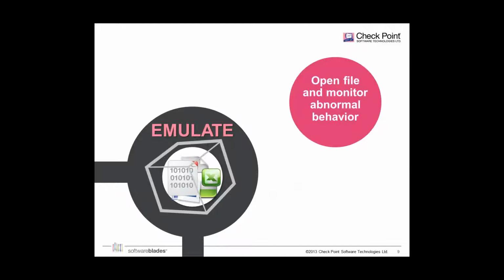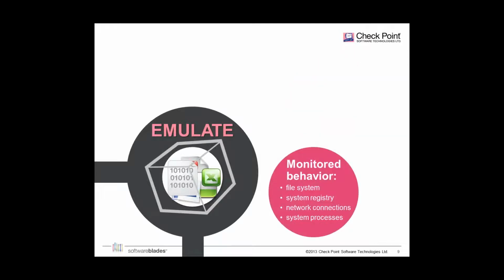Now the sandbox is looking for unusual behavior. So we're trying to understand what is it that that file is doing that doesn't look quite right. The kind of stuff that we're looking at is file system access, changes to the registry, network connections, starting processes, changing processes.